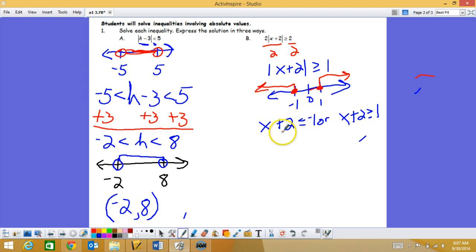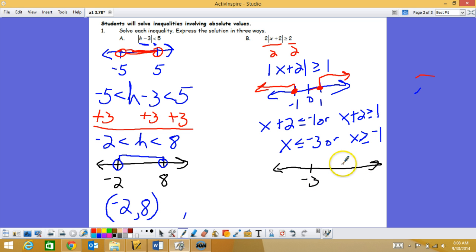To solve these for x, we subtract 2. So negative 1 minus 2 is negative 3, or x is going to be greater than or equal to 1 minus 2, which is negative 1. So to graph this on a number line, our two critical values are negative 3 and negative 1.